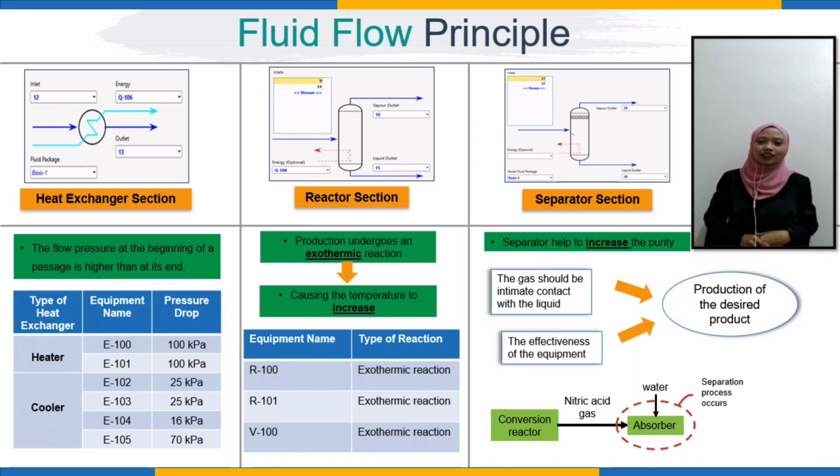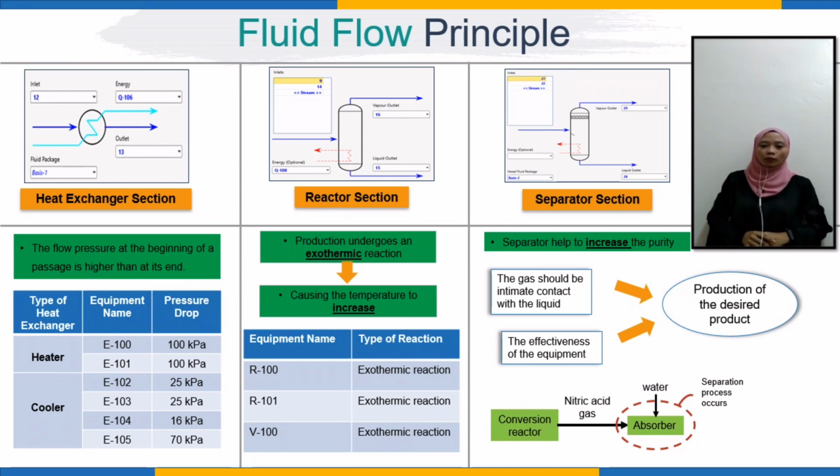As you can see, the fluid flow principle is divided into three sections, which are the heat exchanger section, reactor section and separator section. In the heat exchanger section, the pressure drop is one of the important elements that needs to be considered in the heater or cooler. The flow pressure at the beginning of a process is higher than at its end, and each heat exchanger has a different value of pressure drop.